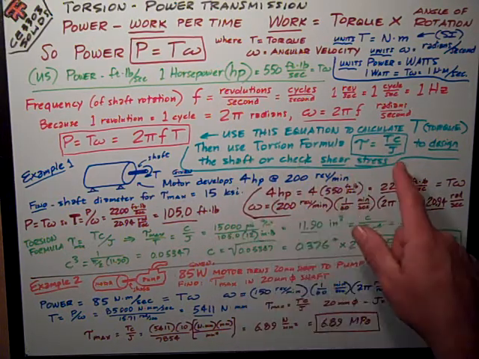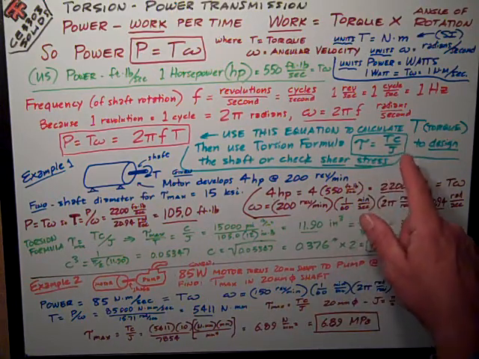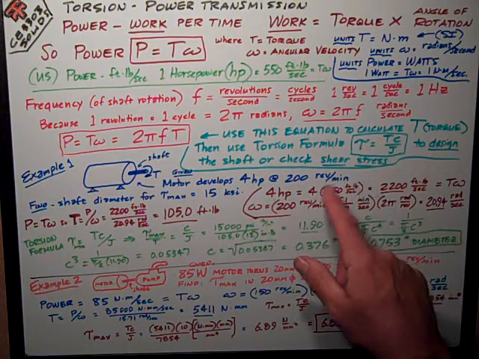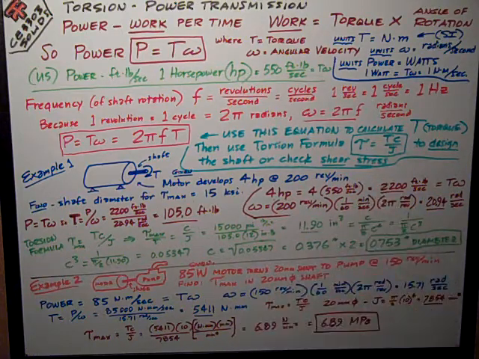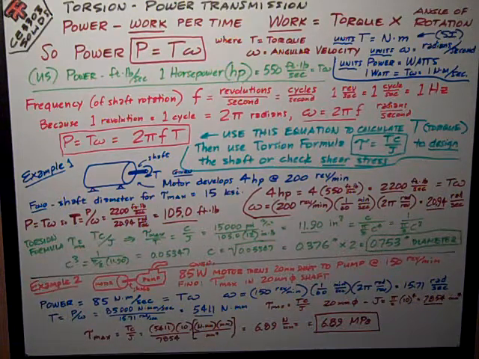Then we're going to use the torsion formula, which we've been using, tau is equal to Tc over J, to design the shaft or check the shear stress in the shaft for given problems. So example 1 will work in the US system units.